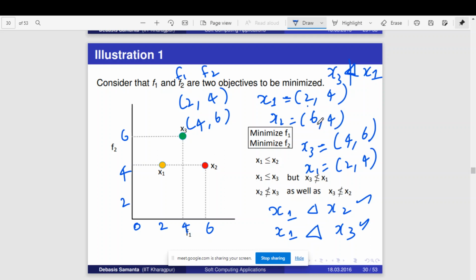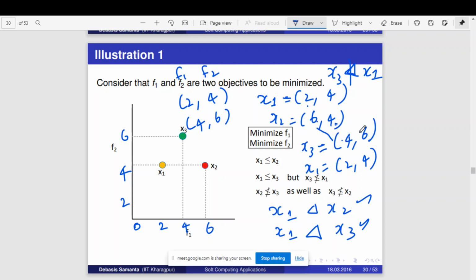Is there at least one function in which x2 is better than x3? 6, 4. Which is better, x2 or x3? So x2 is not better here.